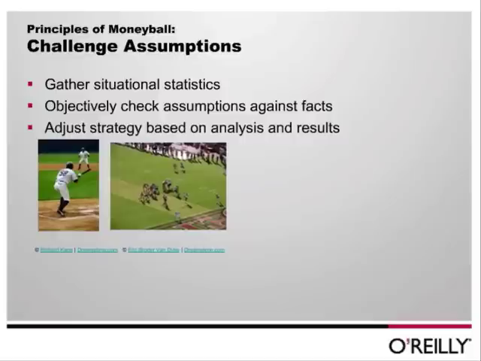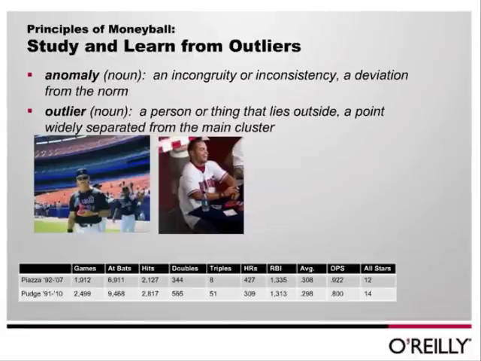The final principle that I want to just highlight here from Moneyball is studying and learning from outliers. Outliers are things that occur that we didn't expect. And basically, I have the definition here of anomaly and outlier, and it's really usually very hard to distinguish between the two.